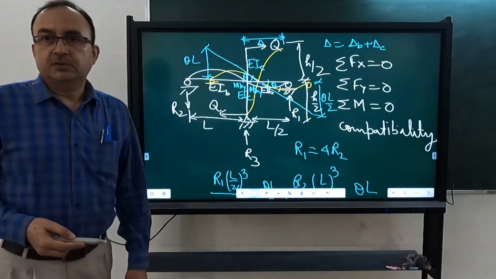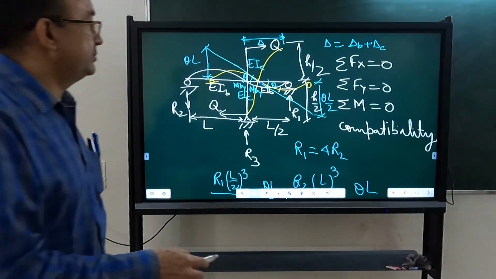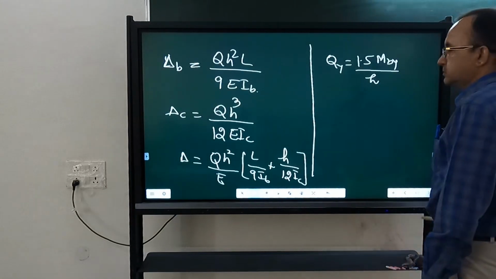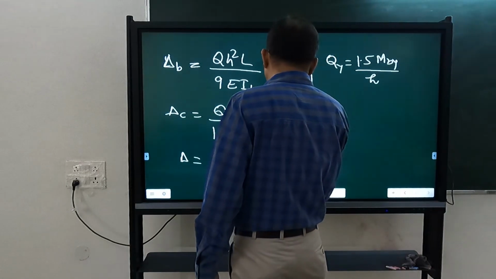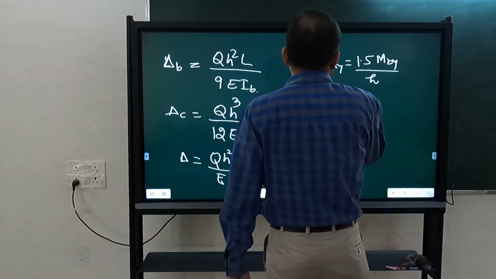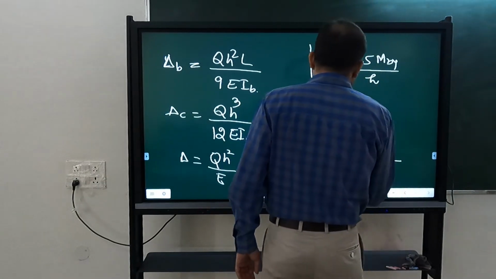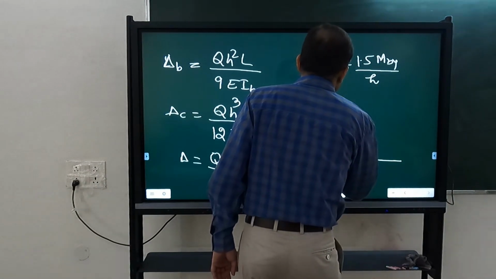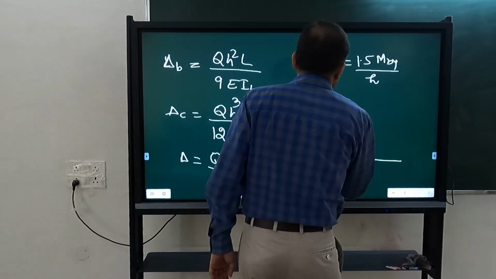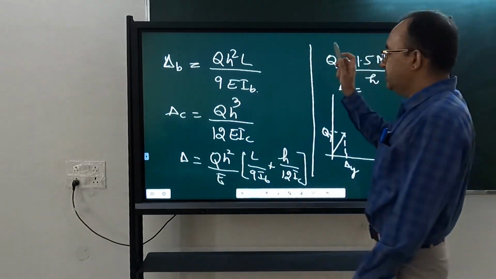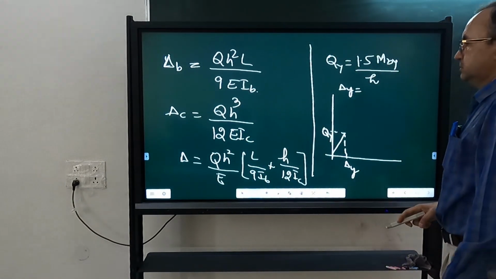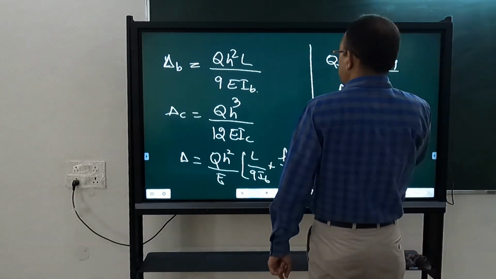So can you go on the result slide? Delta y will be obtained by substituting this value of Q there.